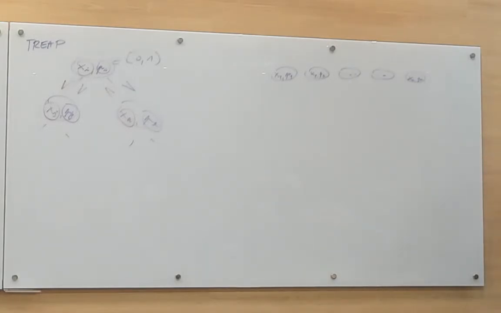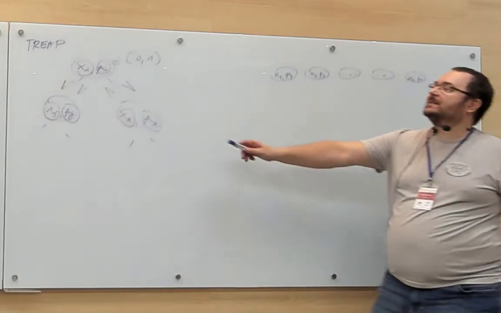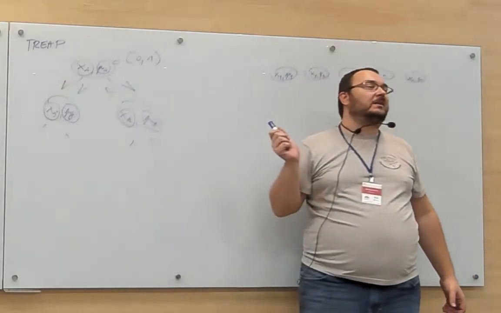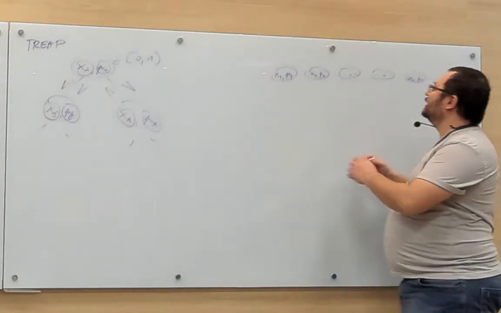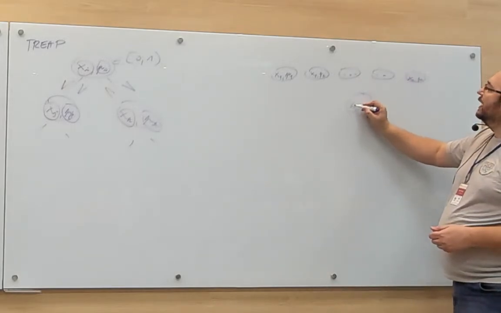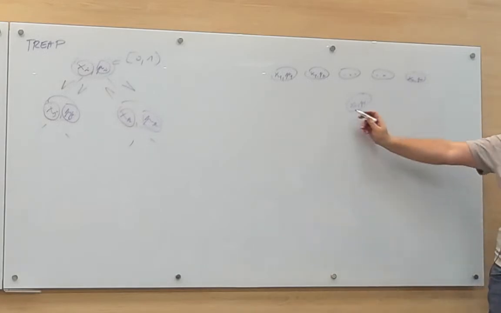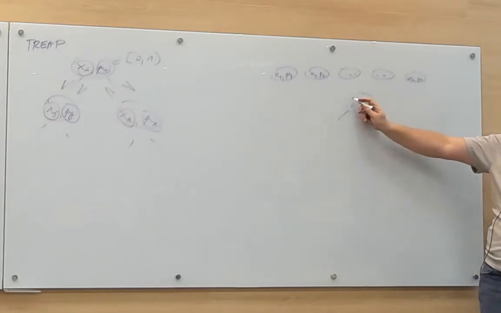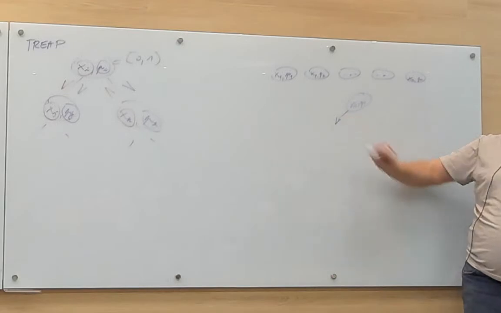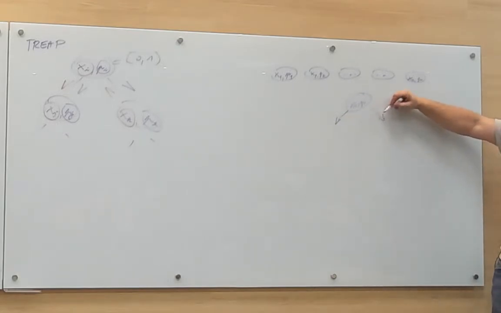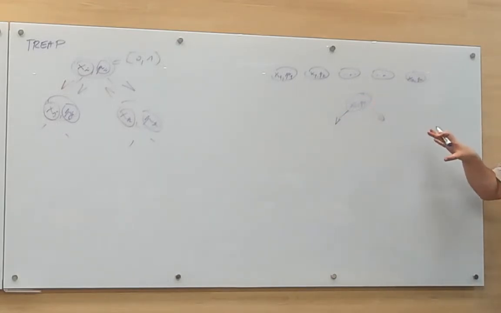Now we can look at the other property. If we have the keys, it has to be a search tree. So as soon as we know that the value xi with the priority pi is in the root, all of the values that have a smaller key than xi have to go into the left subtree, and all of the values with a bigger key have to go into the right subtree.